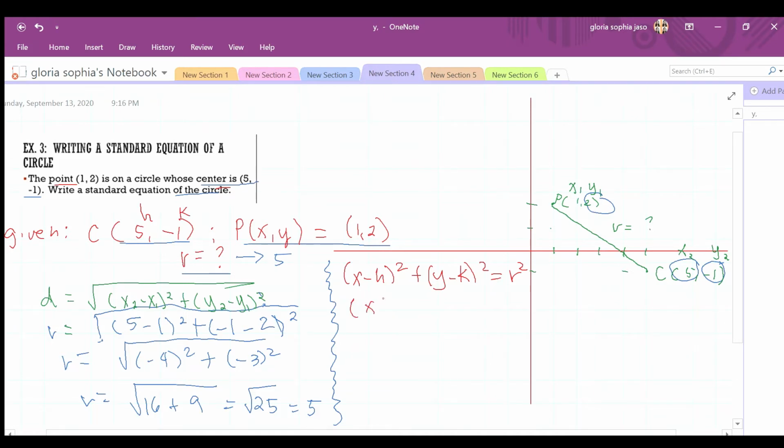So, x minus 5 squared plus y minus k. So, ang k natin is negative 1. So, pwede na natin gawing positive 1 squared equals radius is 5, so 5 squared. Then, simplify.